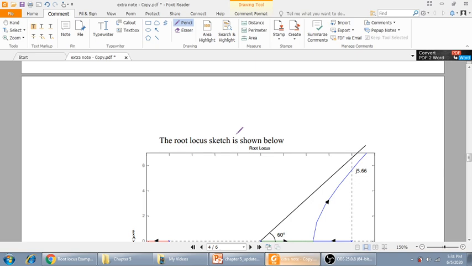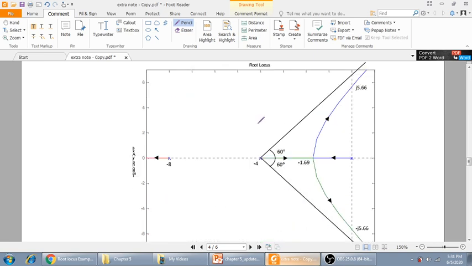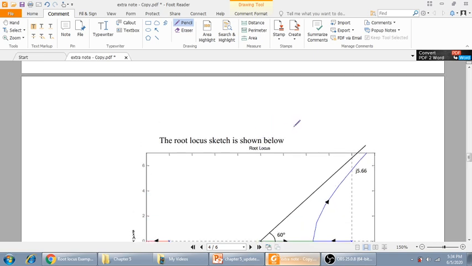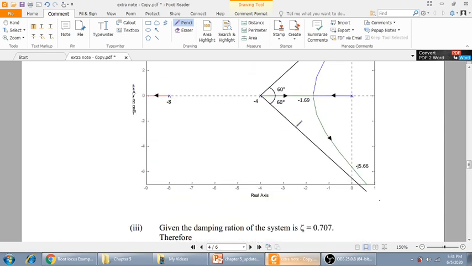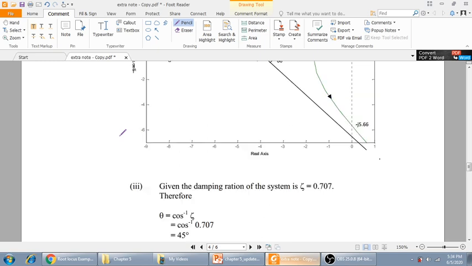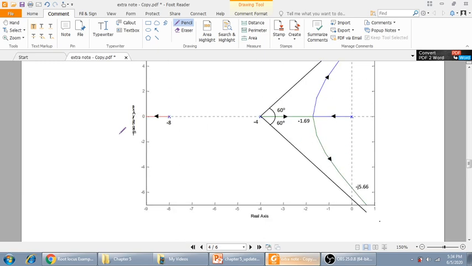Now let's draw the root locus. Okay, we can sketch it. I can show you here.